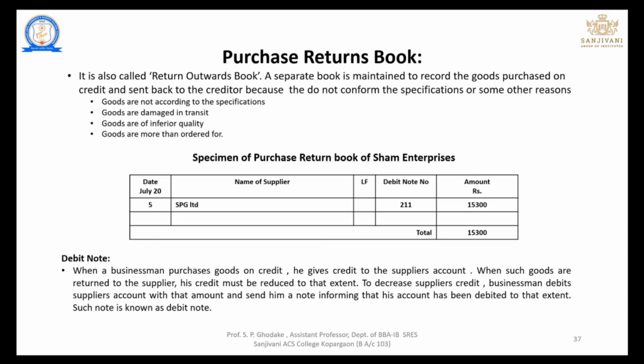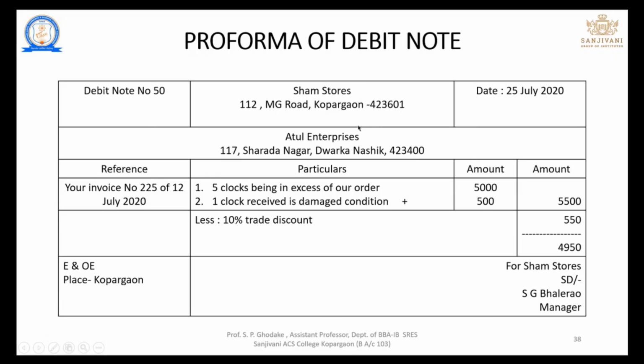Such a note is known as a debit note. For each purchase return entry, we need to prepare a debit note and send it along with the goods we have returned. Now you are clear about the purchase return book and the debit note.